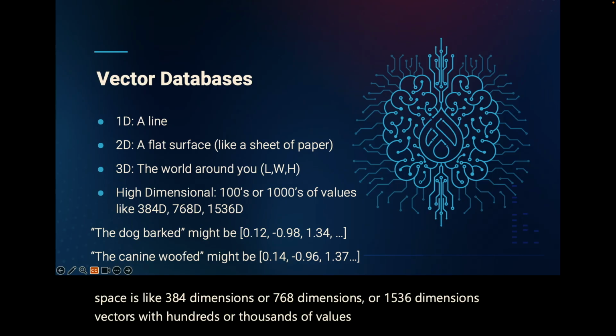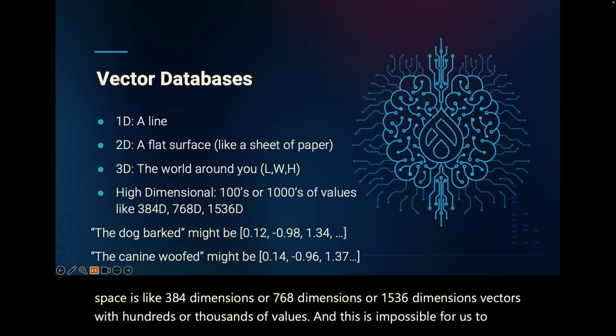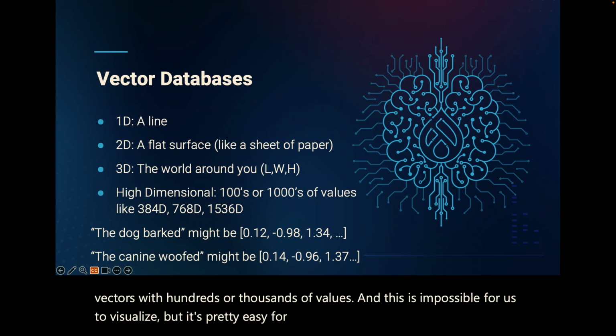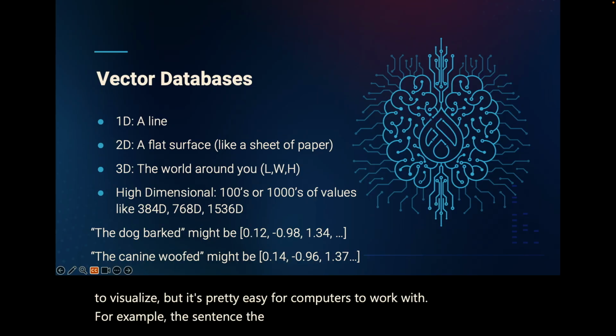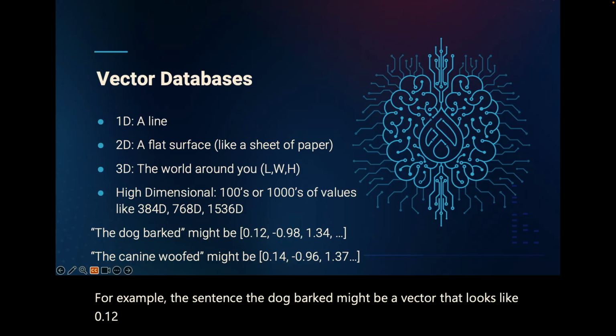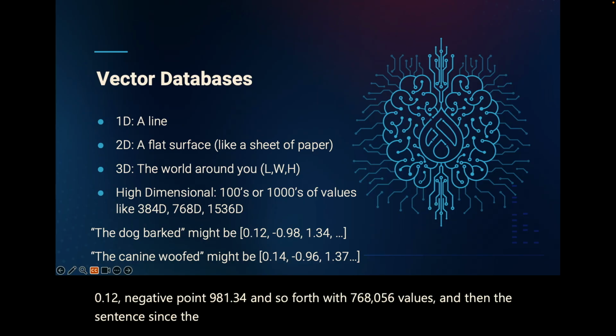This is impossible for us to visualize, but it's pretty easy for computers to work with. For example, the sentence "the dog barked" might be a vector that looks like 0.12, negative 0.98, 1.34, and so forth, with 768 or 1,056 values. And then the sentence "the canine woofed" will be very, very close in that space.